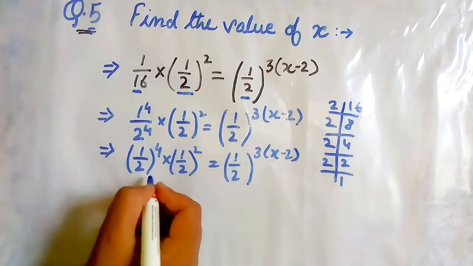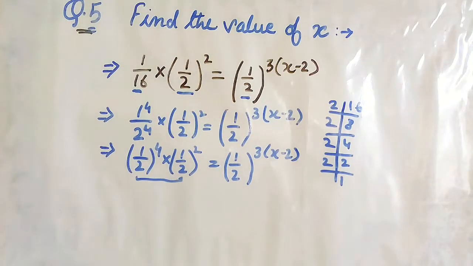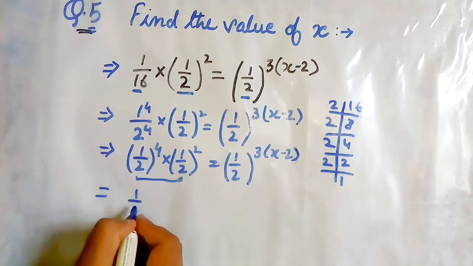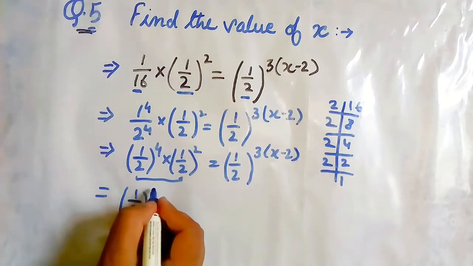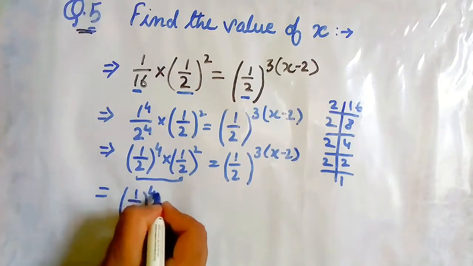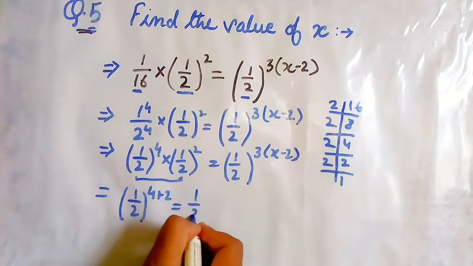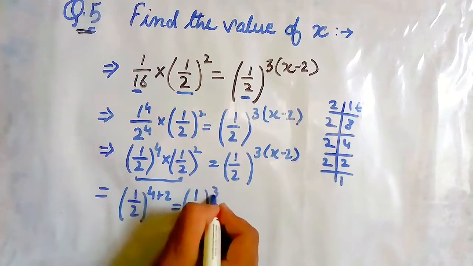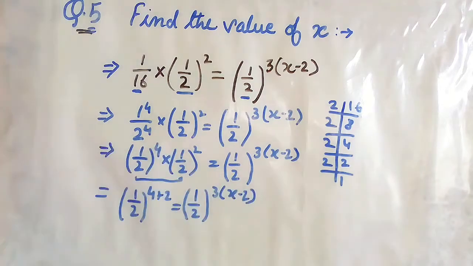Now in the left hand side the bases are the same, multiplication is there, so the powers will be added, and this will be equal to (1/2)^(4+2) equals (1/2)^(3(x-2)).